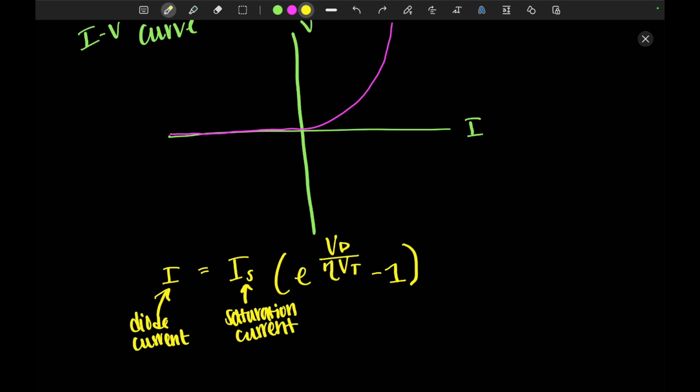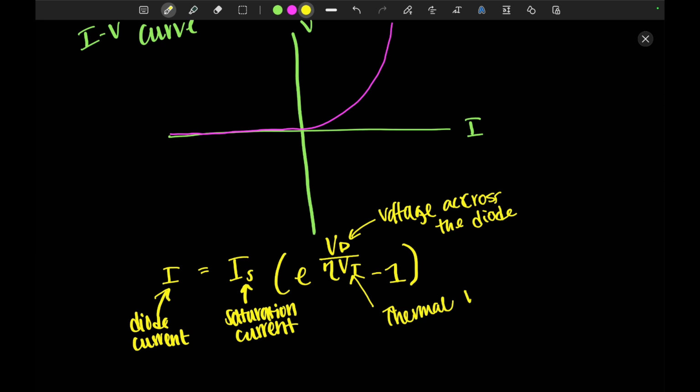And then VD is the voltage across the diode. And then VT is a constant. It is the thermal voltage constant, and that's going to be about 25 millivolts pretty much all the time.